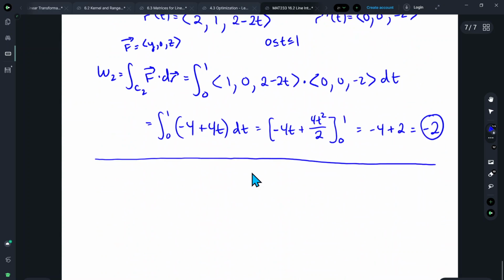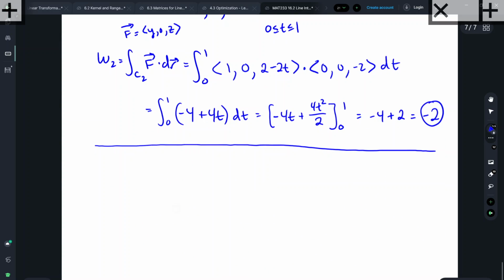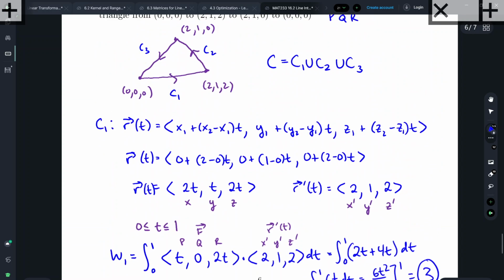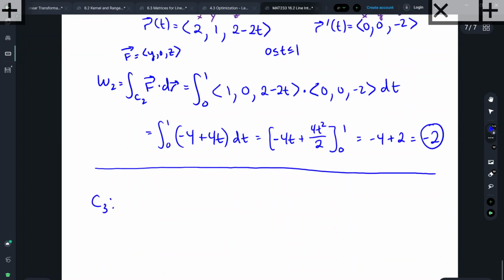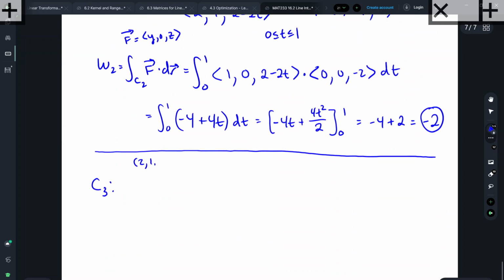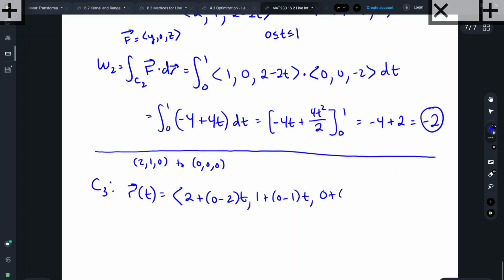Okay, now let's finish up with C3. Okay, so C3, let's remember the points. So it's 2, 1, 0, back to the origin. So let's parameterize the line segment. So it's 2 plus 0 minus 2t, and 1 plus 0 minus 1t, and 0 plus 0 minus 0t.